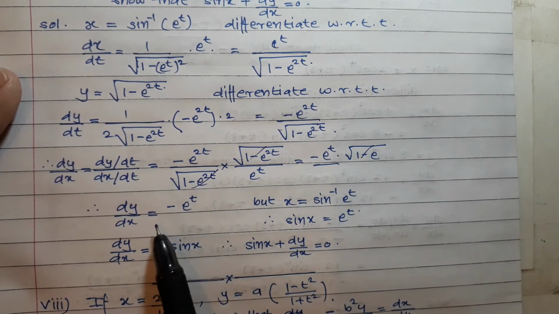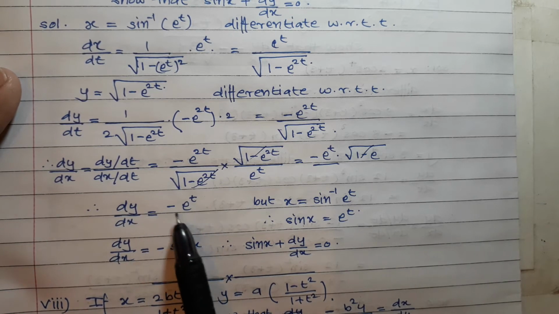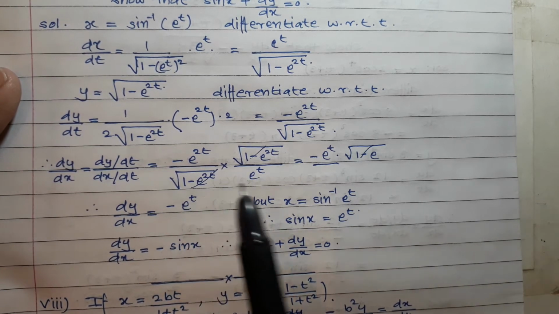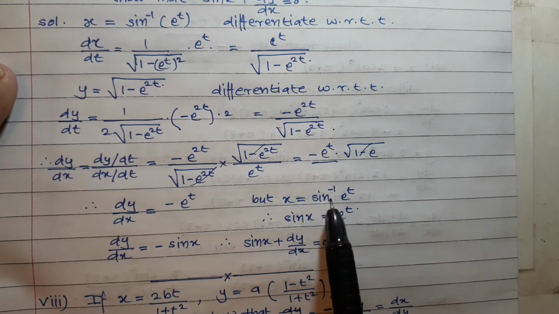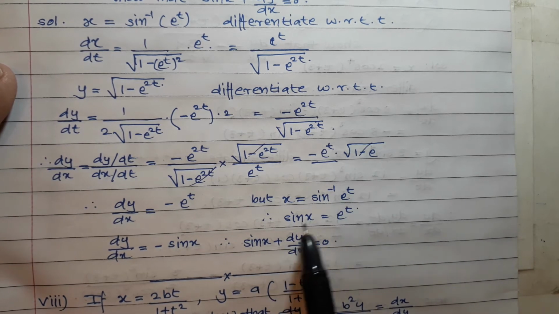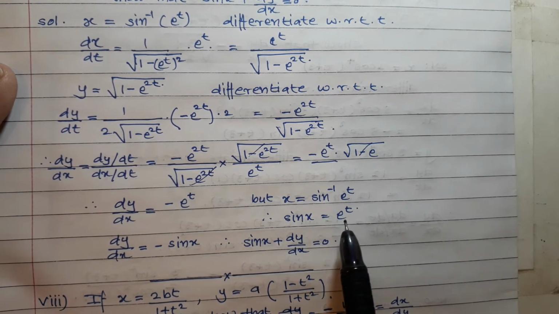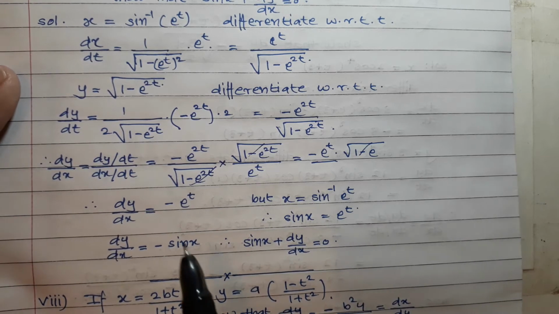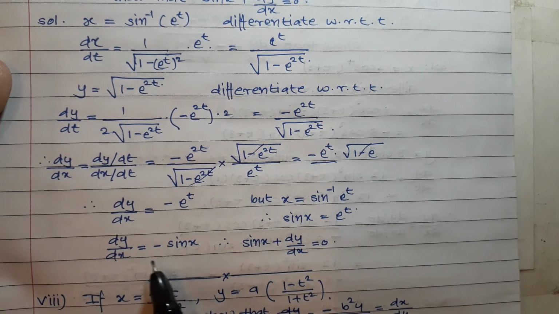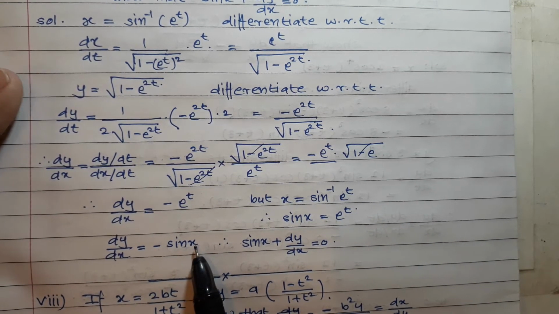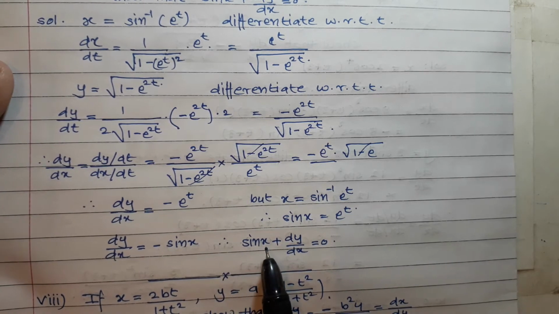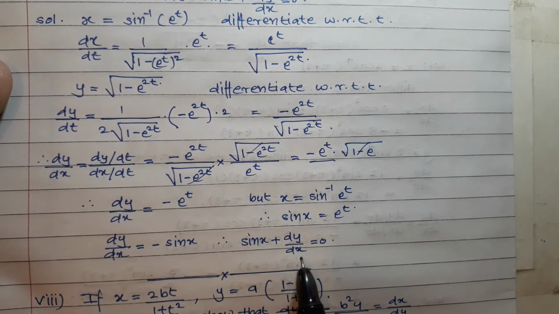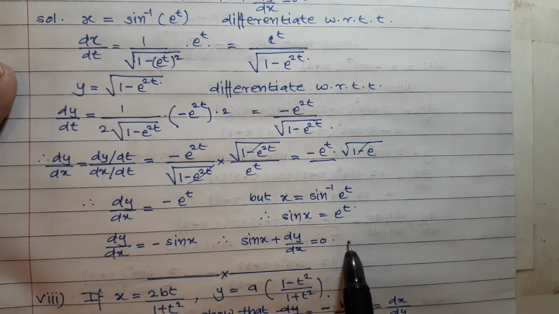So dy/dx is equal to minus e raised to t, but x is equal to sine inverse e^t, and therefore sin x is equal to e raised to t, and therefore dy/dx is equal to minus sin x, that is, sin x plus dy/dx is equal to 0.